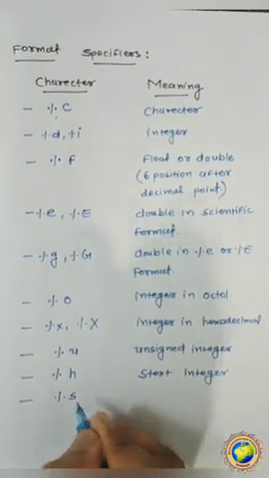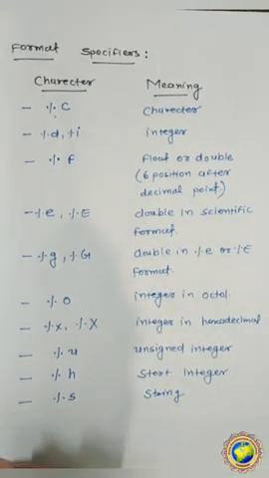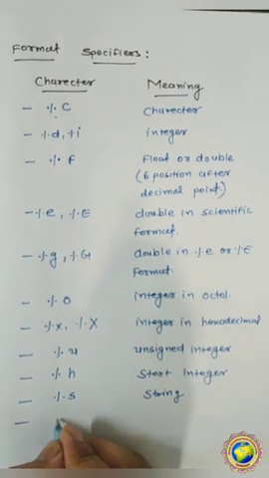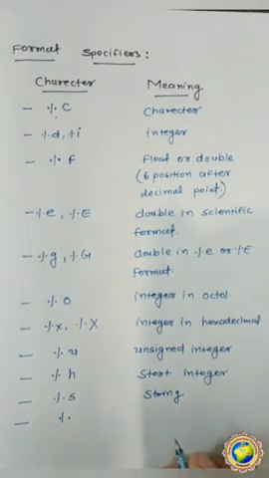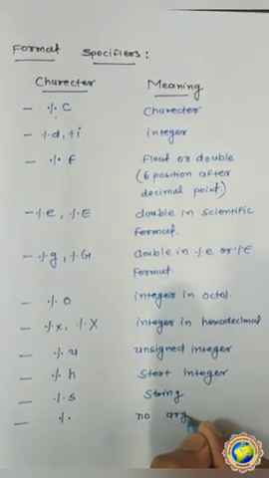Then %s is used for a string variable, and % is also for no arguments.